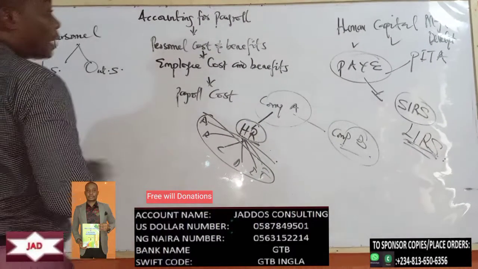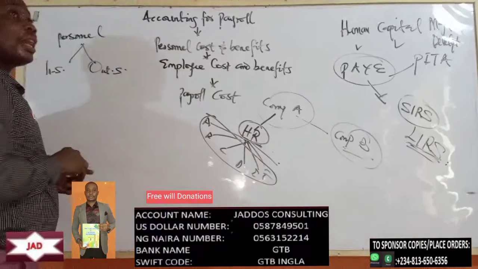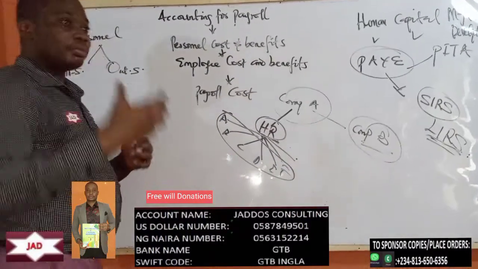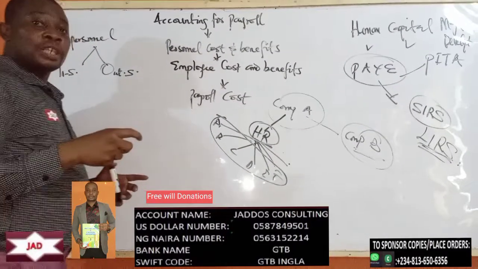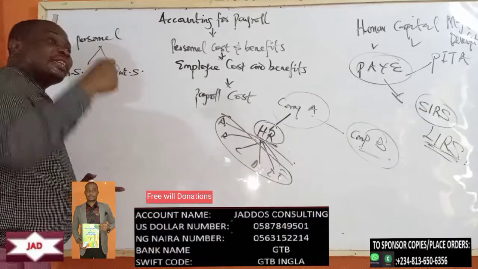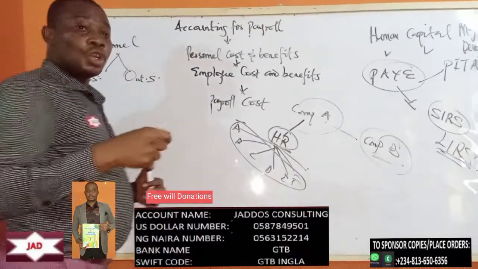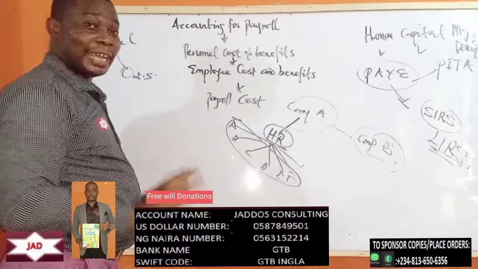Okay, so now the Personal Income Tax Act helps us understand how to compute the payroll of employees to get the fair or the most reasonable tax deduction from the employee's salary at a particular point in time.